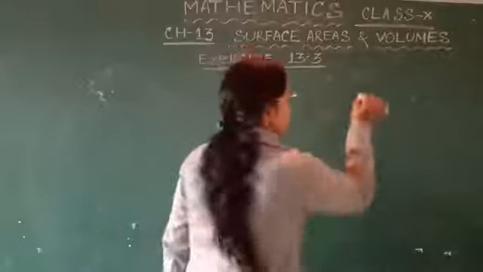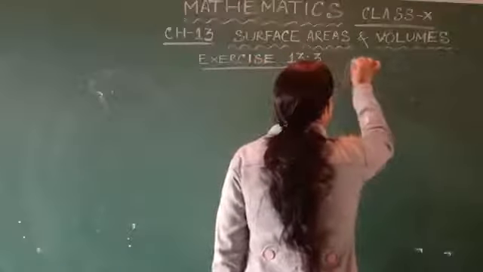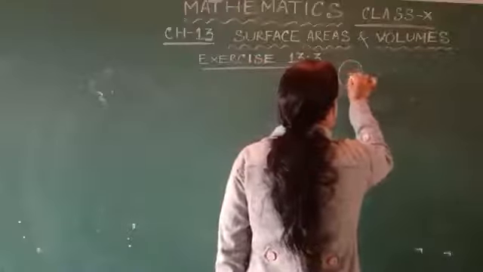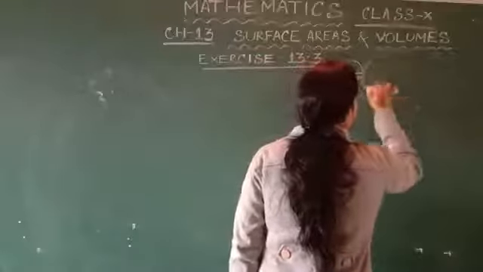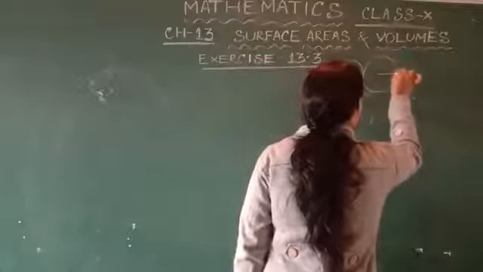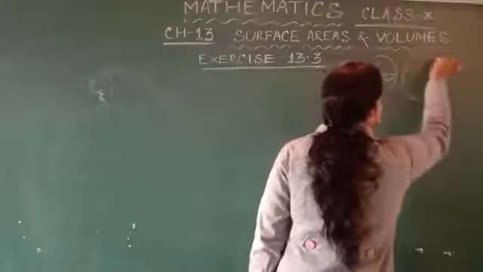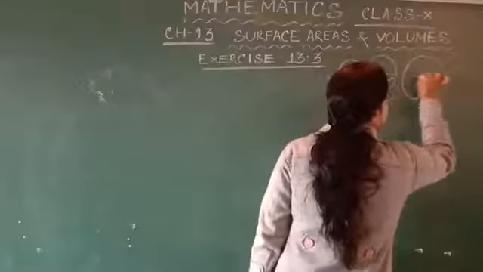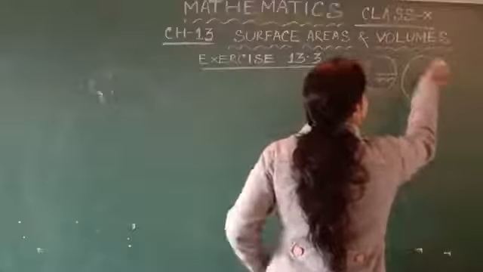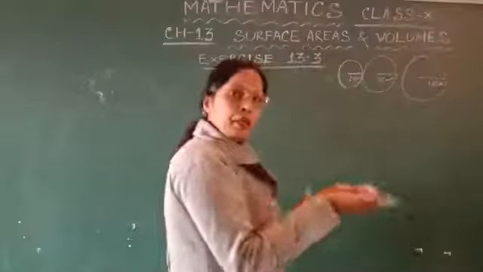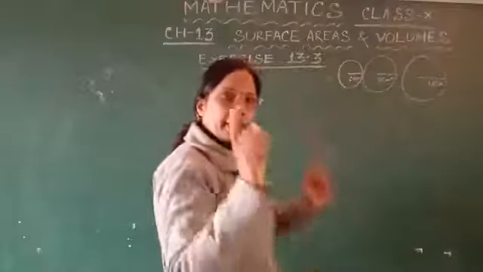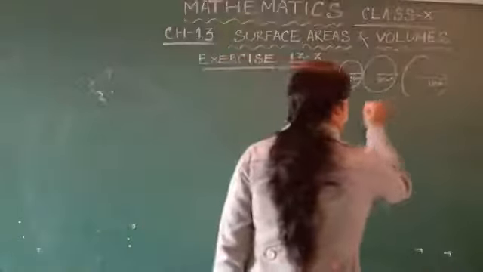So that means here you see, this is one sphere having radius 6 cm, this is another sphere having radius 8 cm, and this is another sphere having radius 10 cm. All these 3 are melted and recast into one solid.